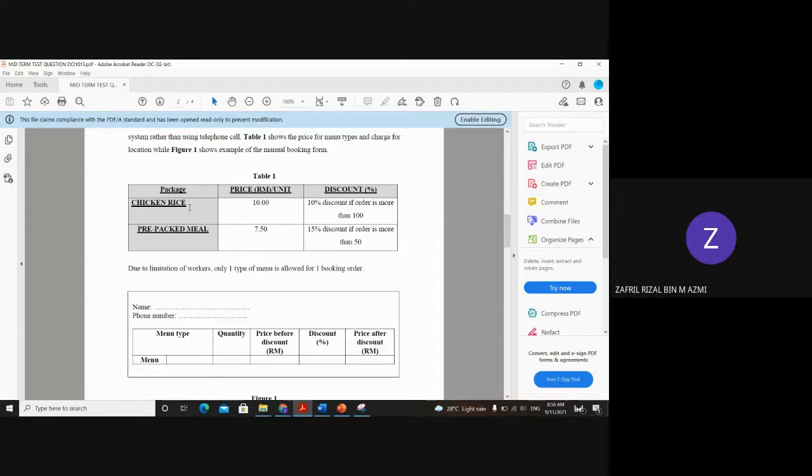If package pre-packed, this is the price. But inside of it, there's another condition. If order for chicken rice is more than 100, then you get a discount. Else, no discount. Same goes to this one. Inside of this, another decision.